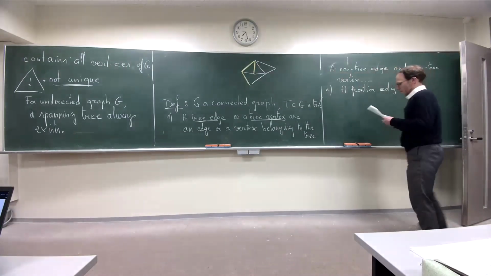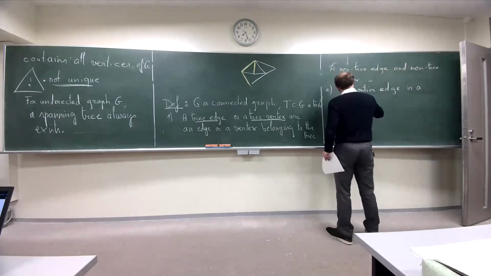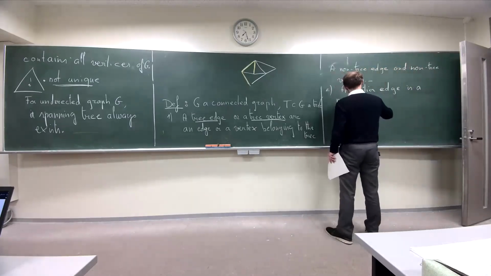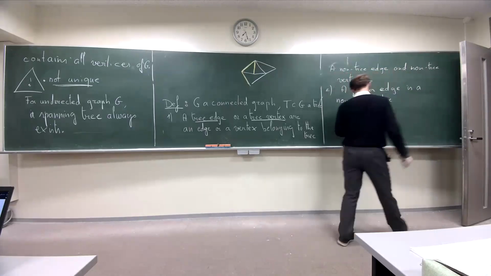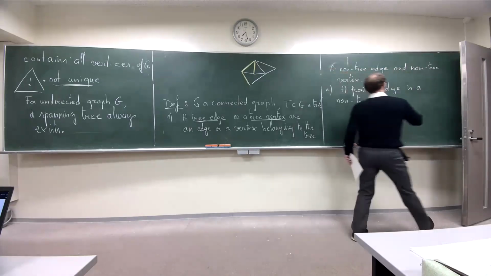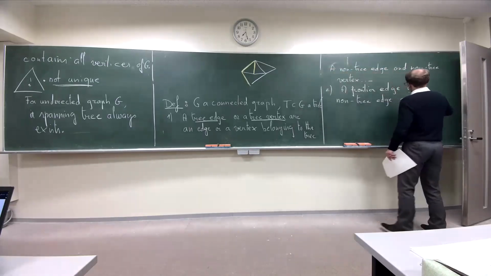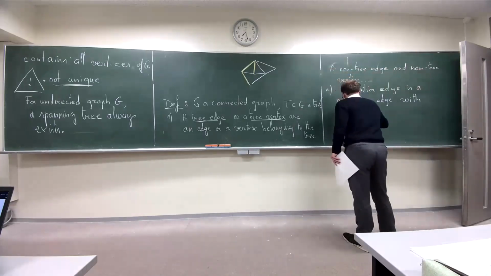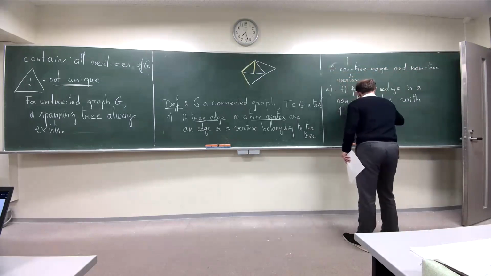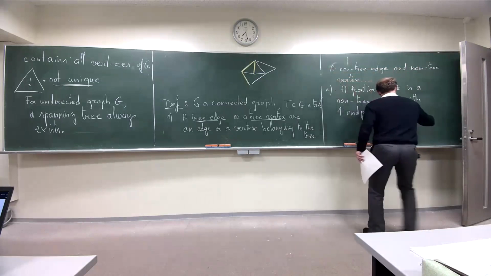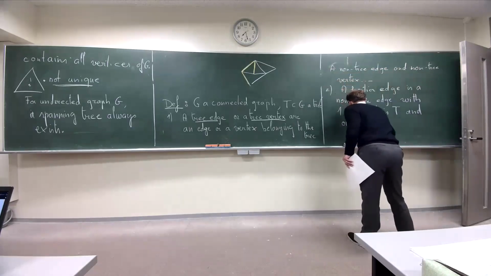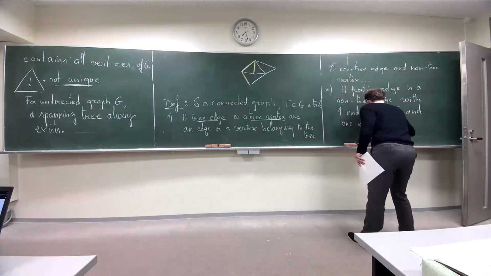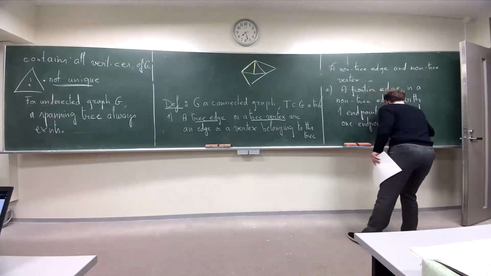It is a non-tree edge, so it does not belong to the tree, but with a certain property: one endpoint in T and one endpoint not in T.